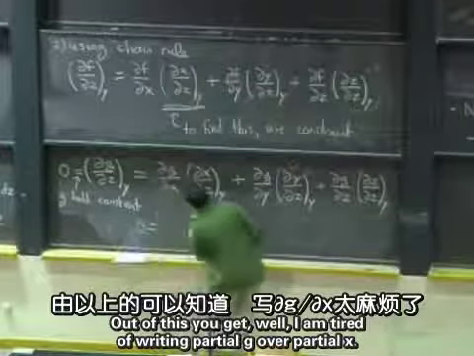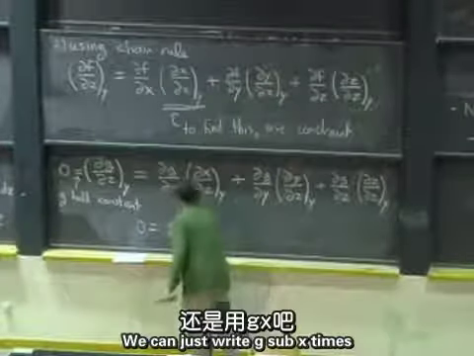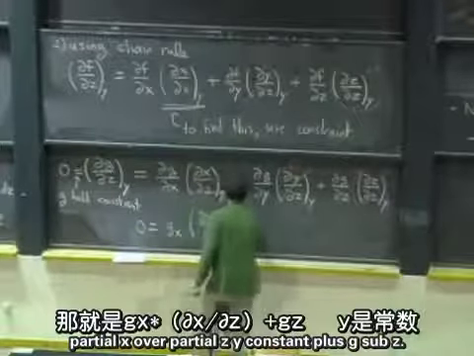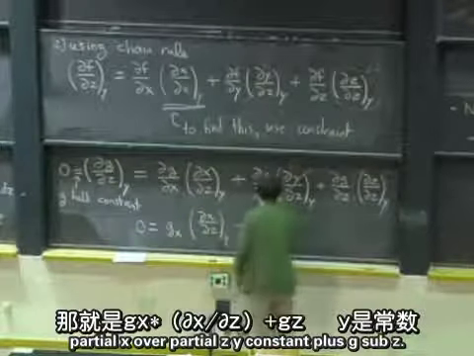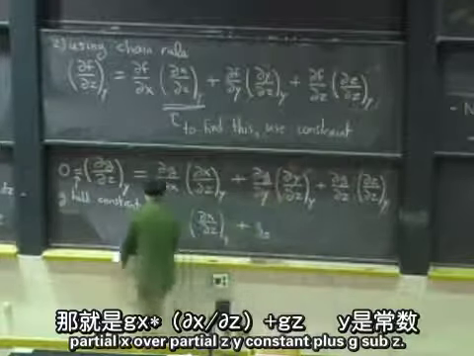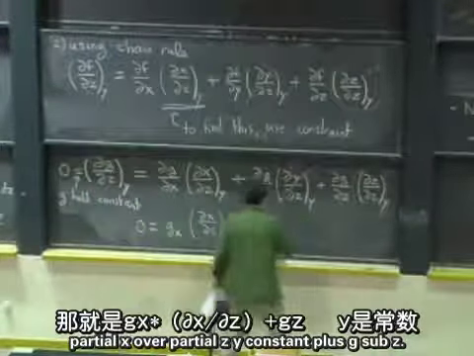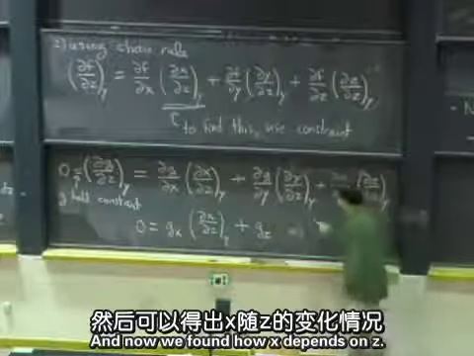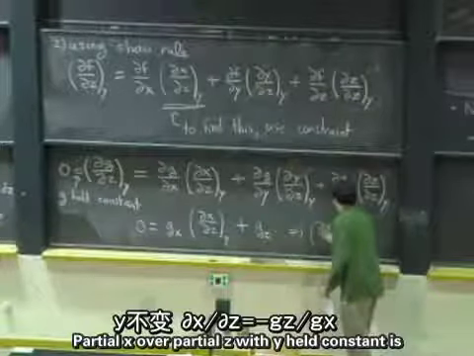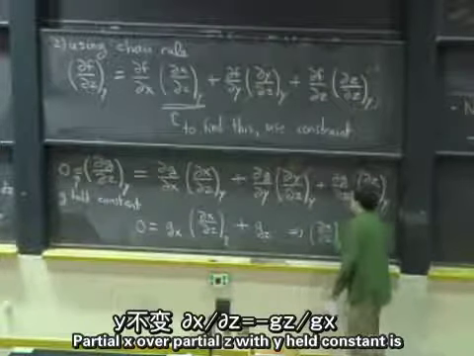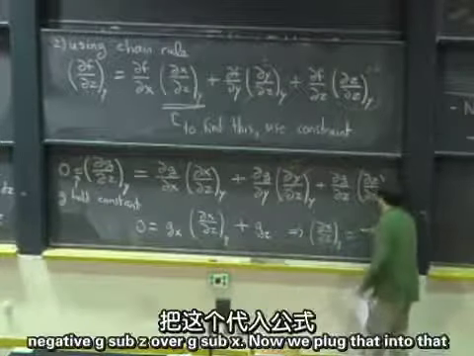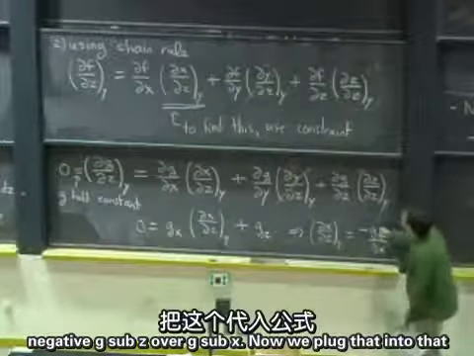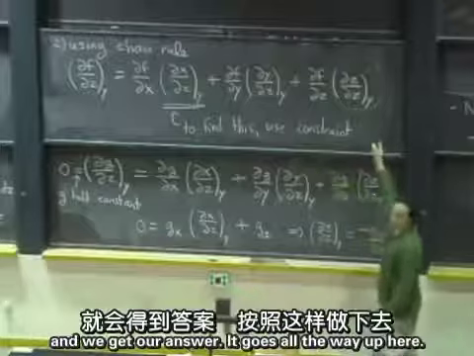Well, I'm tired of writing partial g, partial x. Let me just write g sub x times partial x, partial z, y constant, plus g sub z. Okay, and now we found how x depends on z. Partial x, partial z with y held constant is negative g sub z over g sub x. Now we plug this into that, and we get our answer.